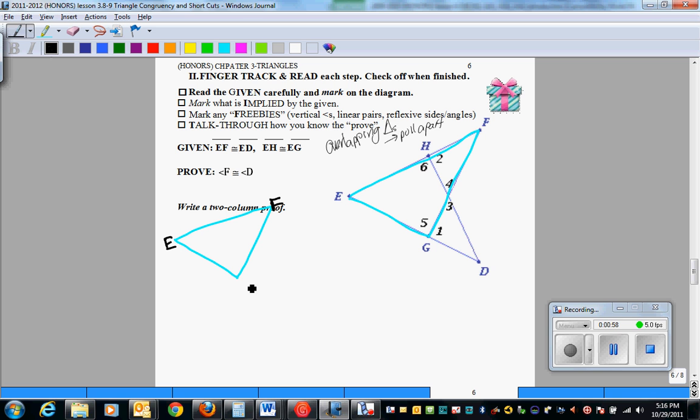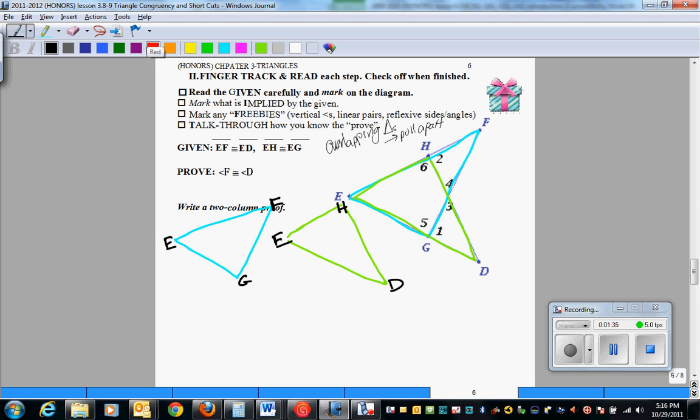This is F and G. Then we have our other triangle. And this is E, again, H, and D. We're going to use these two triangles to try to prove what we're trying to prove.